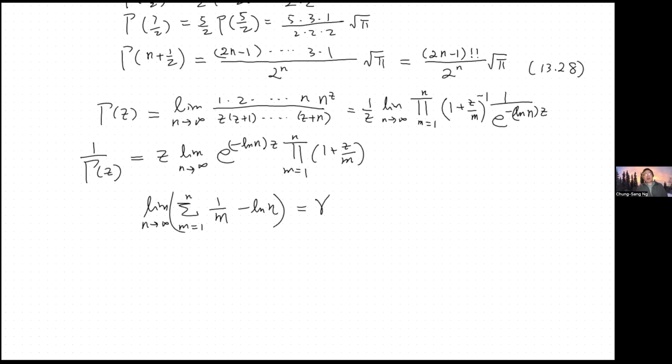The value needs to be calculated numerically, but by this definition it becomes convergent. This limit exists, and this gamma is 0.577 something. It's just a universal number, like pi or e, but less well known than those two. But it's still a fairly commonly used fundamental constant, the Euler constant.